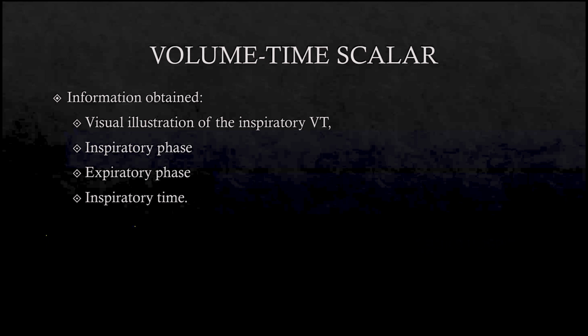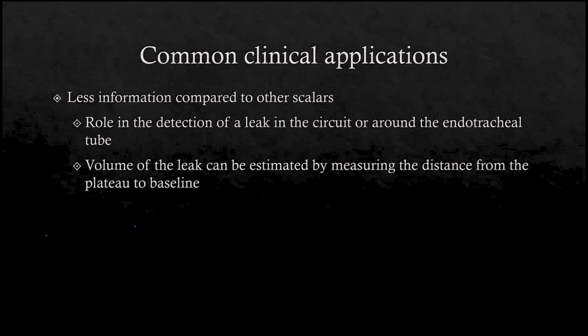It also gives an idea of the inspiratory phase when you correlate it with the pressure scalar, and most importantly the expiratory phase and the inspiratory time in the whole respiratory cycle. So it gives a good idea of the I:E ratio, though all those assessments are better done with the volume time scalar.